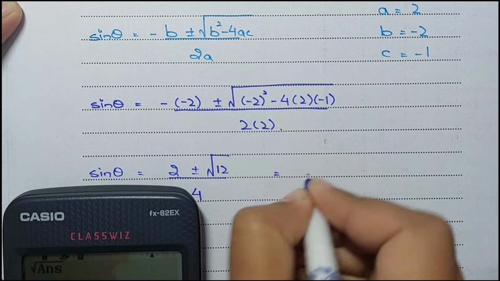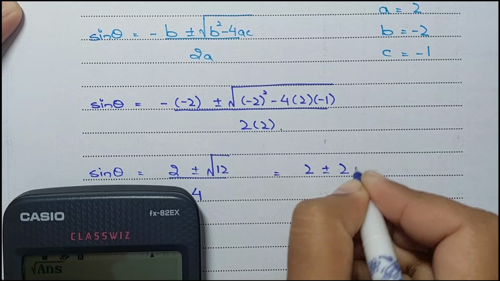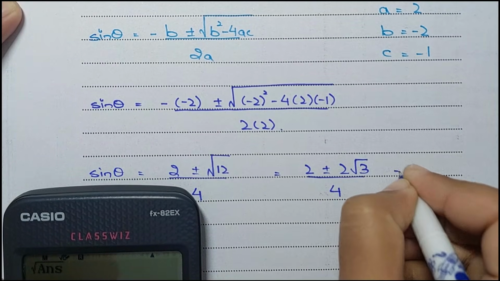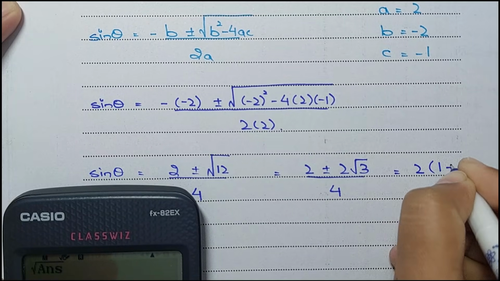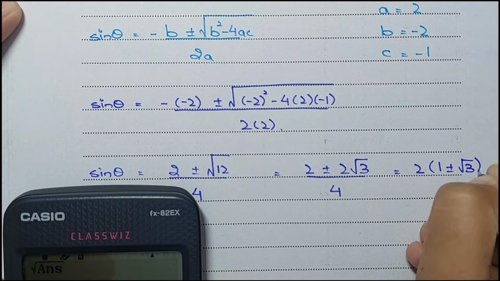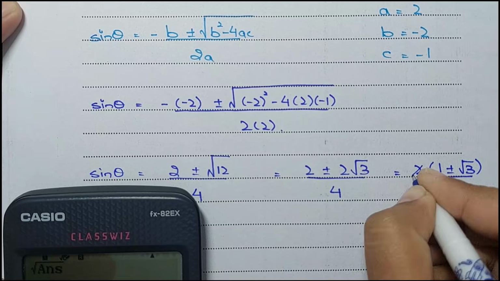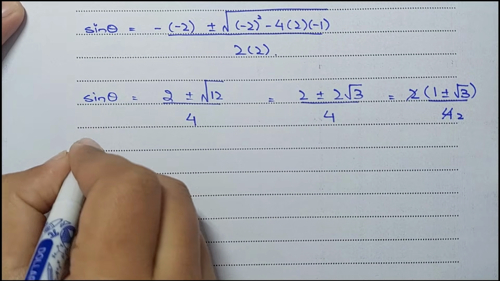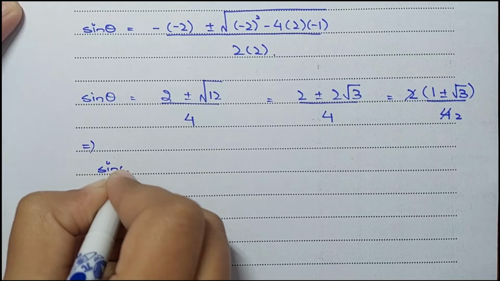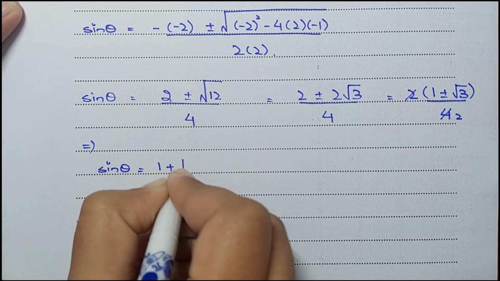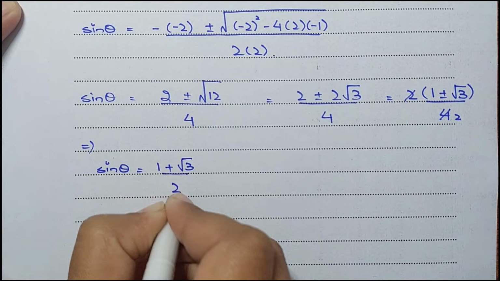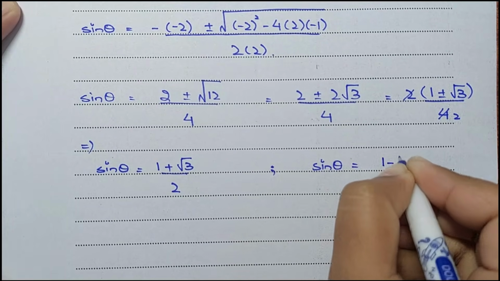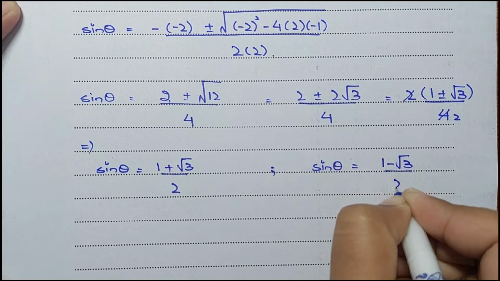Or we can write this as 2 plus or minus 2 square root of 3 divided by 4. Or you can take 2 common from the numerator, 1 plus or minus root 3 divided by 4. 2 times 1 is 2, 2 times 2 is 4. So we have two values for sine. The first is sine theta equals 1 plus root 3 divided by 2, and the other is sine theta equals 1 minus root 3 divided by 2.